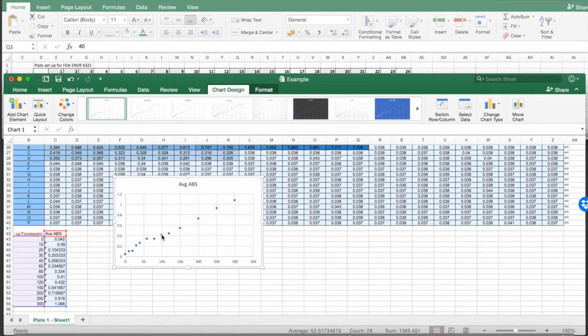You can see it's quite linear. As we increase the concentration of the standard, we increase the absorbance. We call this a linear relationship.